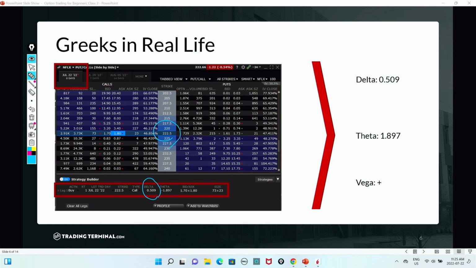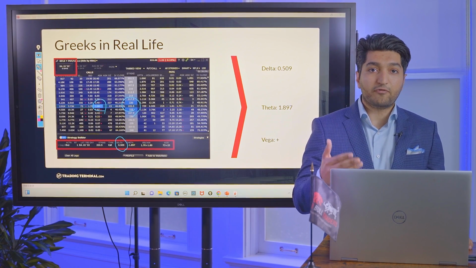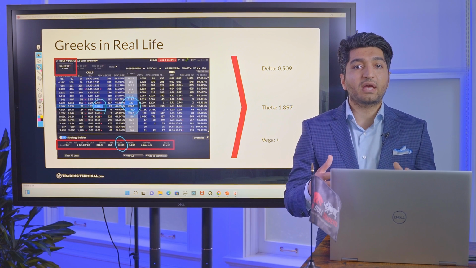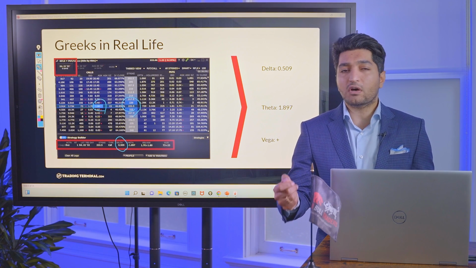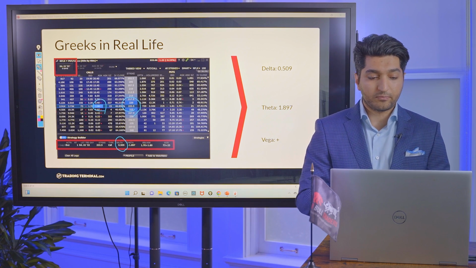Another way to think of it is this option has a 50% chance of finishing in the money. Notice how right at the money options usually have a delta of 50, meaning it's almost a coin toss whether or not they finish in the money or out of the money.